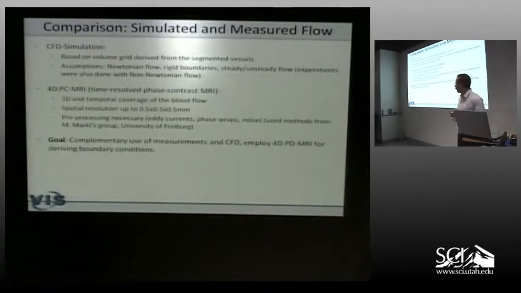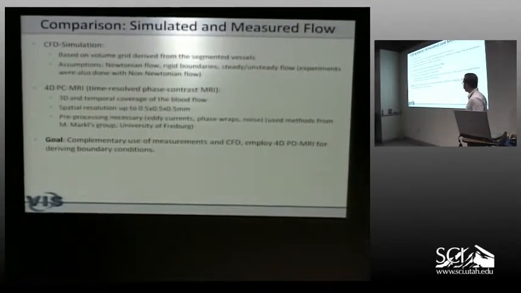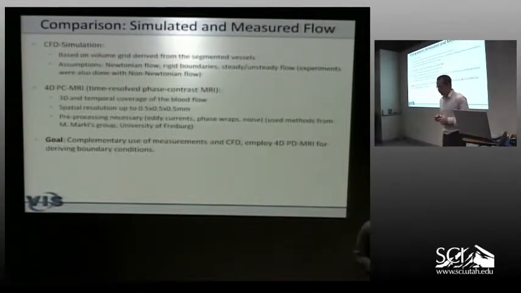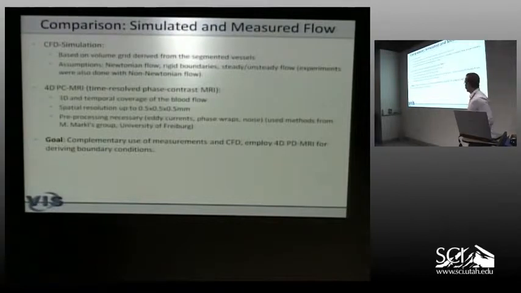On the other hand, you have blood flow measurements, which have meanwhile a quite good spatial resolution. You need a lot of pre-processing, of course, but this is doable in principle, and one might think about combining both methods. For example, deriving boundary conditions, some of the assumptions for the simulation, from actually measured data.